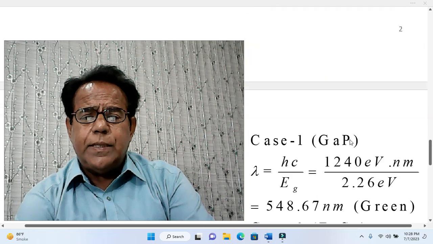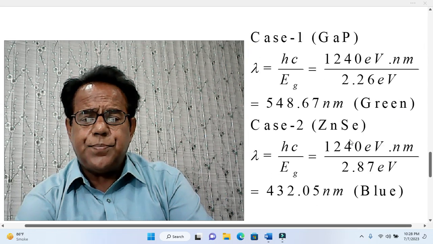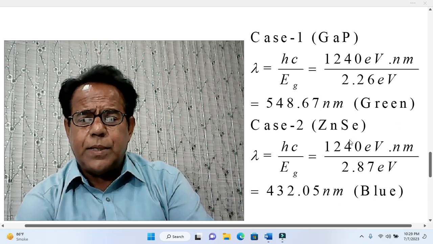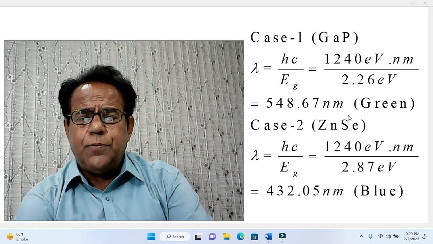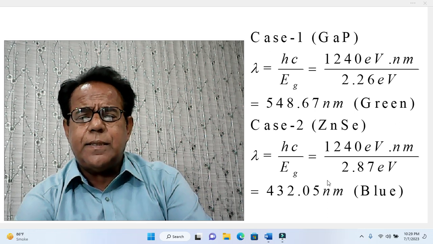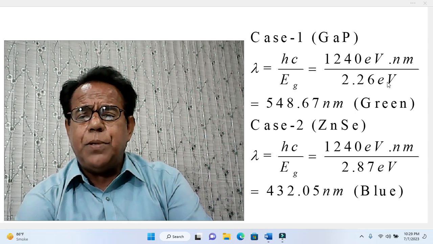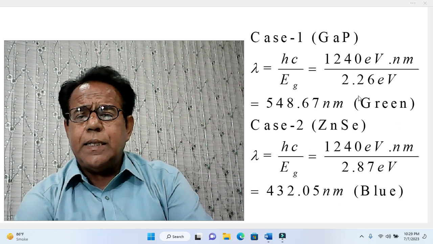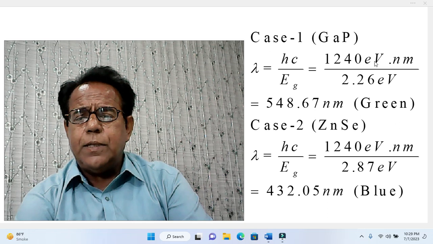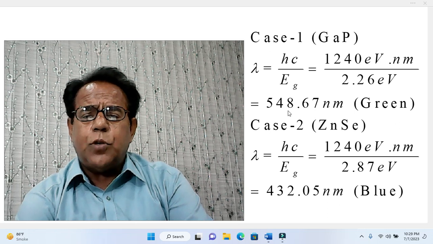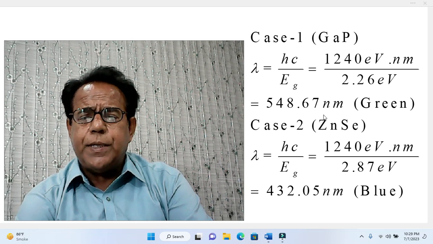This is given in the statement. Eg for both cases is given in the statement, Eg for gallium phosphide and Eg for zinc selenide. Both are given, and hence just simplifying, here electron volt will be cancelled with electron volt, and our answer will be lambda, wavelength, equal to 548.67 nanometer.